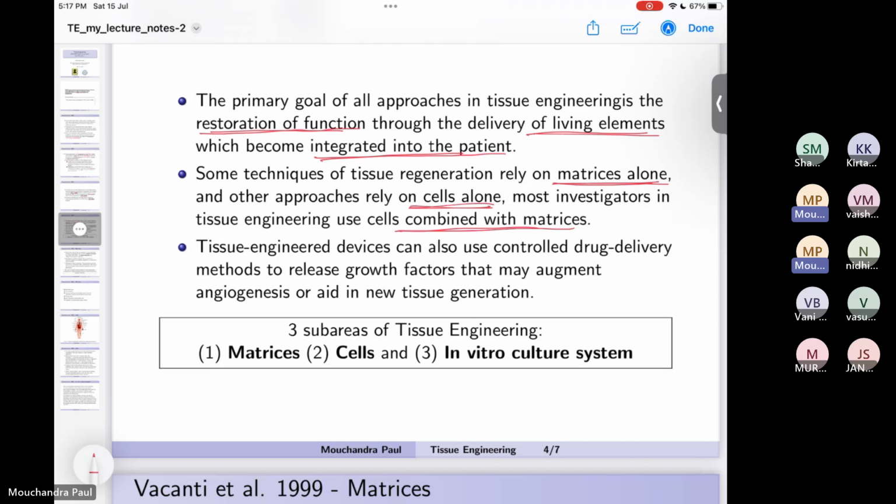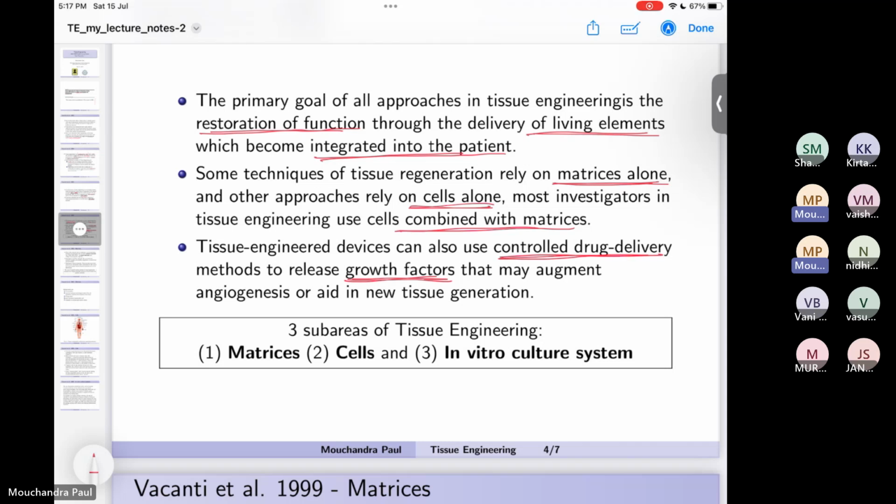And in tissue engineering devices or tissue engineering medical products, as we know already, you can use controlled drug delivery methods. Targeted drug delivery methods you can use to deliver growth factors. Why you need to use growth factors, we'll talk about in our upcoming discussion sessions. But in simple terms, growth factors or cytokines are cell signaling molecules.